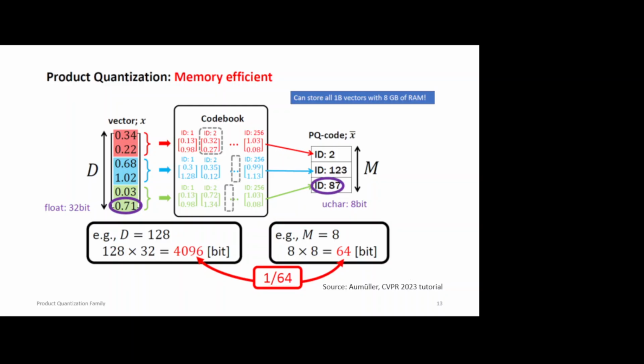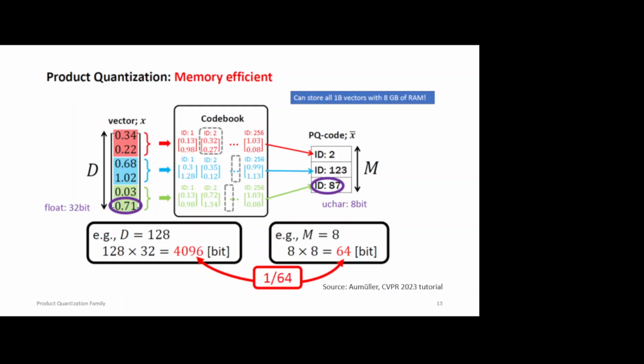But if we use PQ, we only keep the centroid IDs. Suppose we segment the vector into 8 segments, and each segment is represented by a centroid ID. If we only have 256 centroids, then 8 bits is sufficient, because 8 bits can represent 256 different centroids.